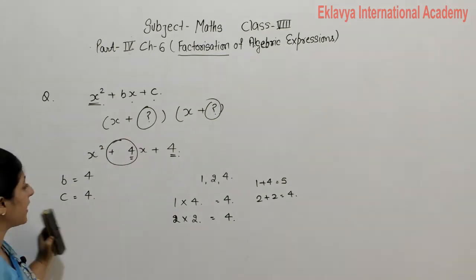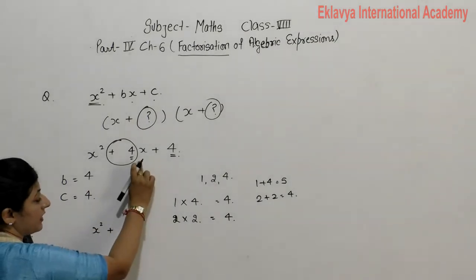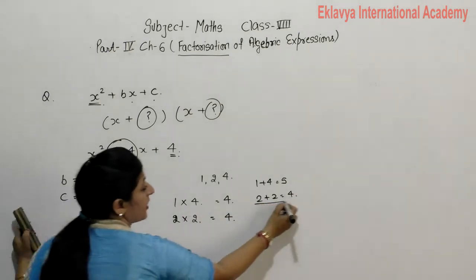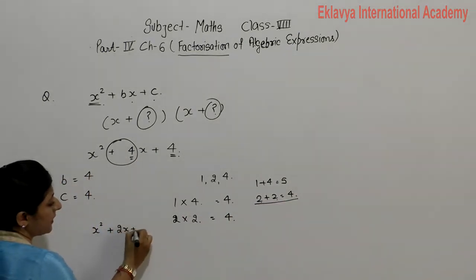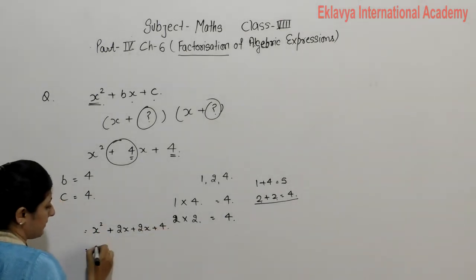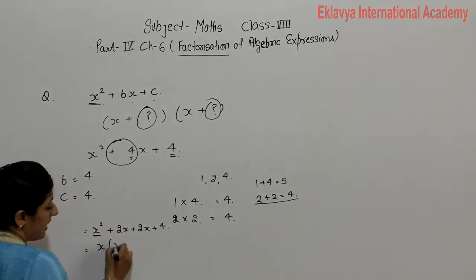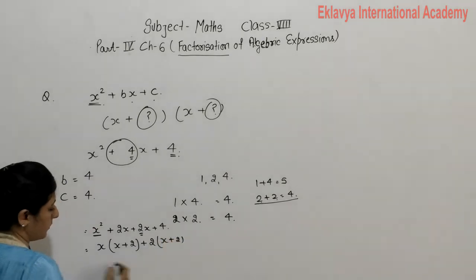Then how to write it down? x square plus 4x, we got it by 2 plus 2. It means we can take x square plus 2x plus 2x plus this 4 as it is. x common: x into x plus 2, plus 2 common: 2 into x plus 2.